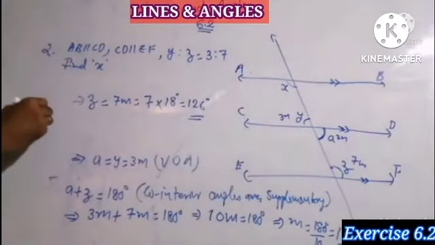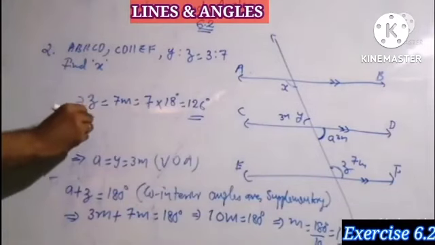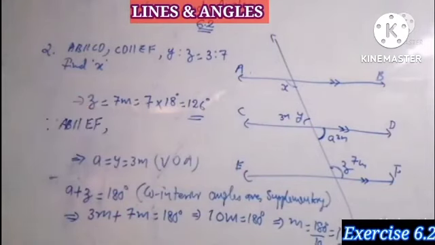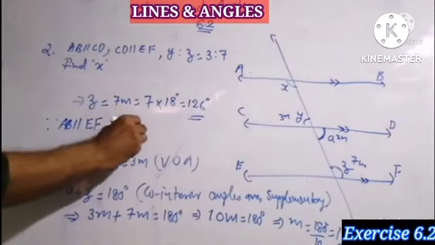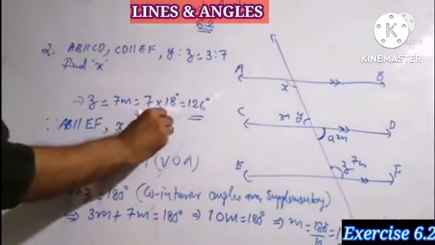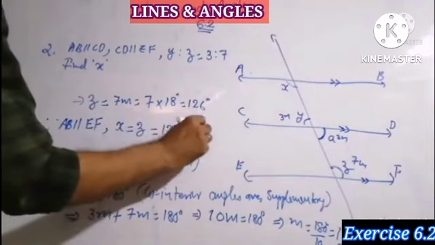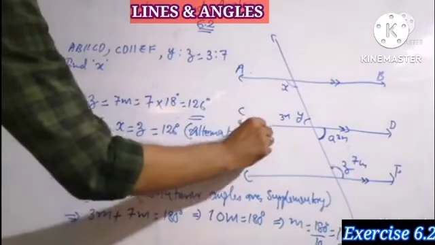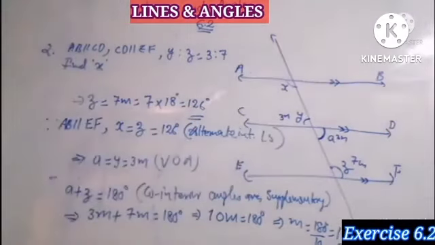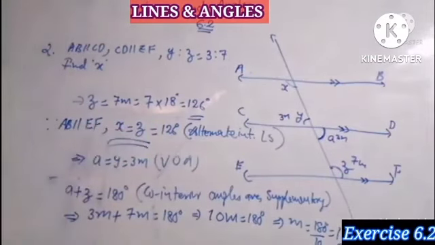Now, since AB is parallel to EF, we can say that x equals Z, which is equal to 126 degree. Reason: alternate interior angles are equal. So our second question is over.